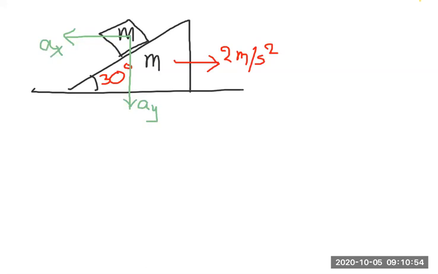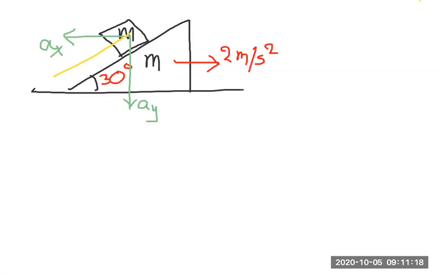Now you may ask how are you coming to this conclusion that ये ax ay? Well, you see, if this wedge was fixed, then I would have been sure that the direction of acceleration is this, parallel to the surface of the wedge.